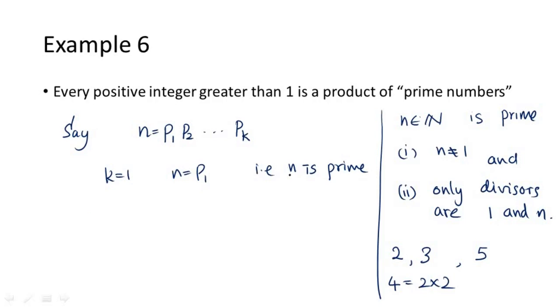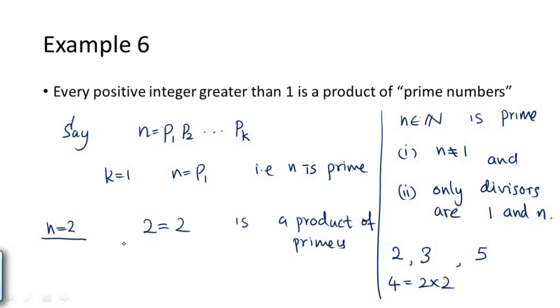Our base case is going to be n equals 2. In this case, 2 is already a prime, and therefore it is a product of primes in the trivial way with k equals 1. Now let's suppose this is true for n, and try to prove that the result must also be true for n plus 1.